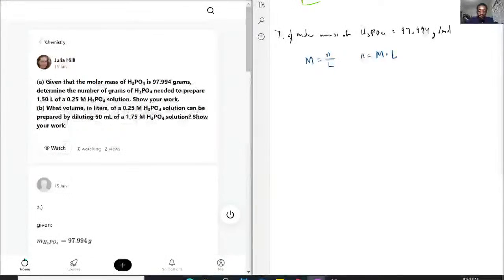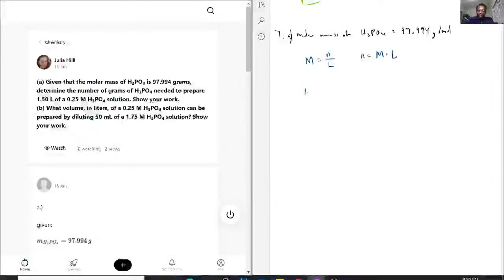We're actually going to start with the liters first. I think that would be easier.